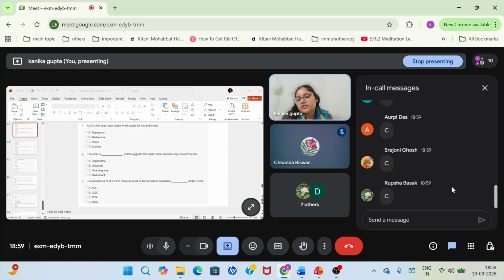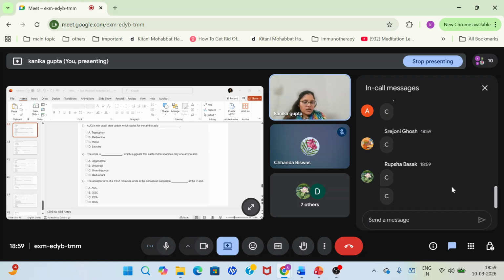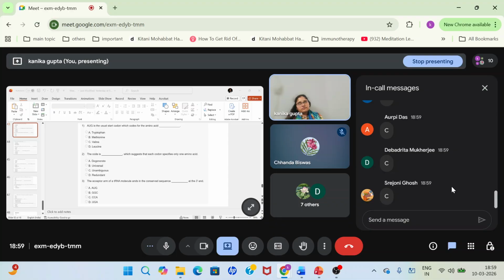Third, the acceptor arm of a tRNA molecule ends in the conserved sequence, dash, at the 3' end. What is that sequence? Question number 3, everyone. So yes, the answer is CCA.